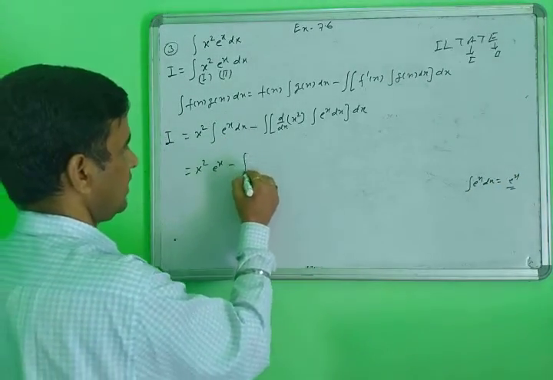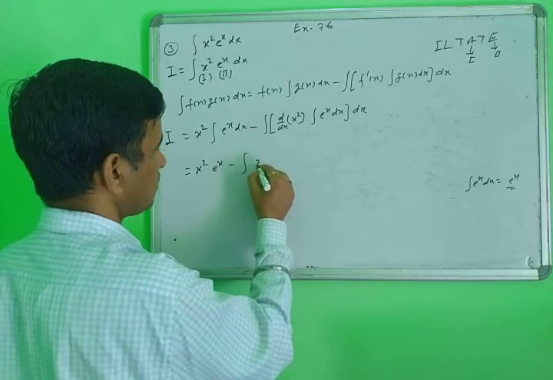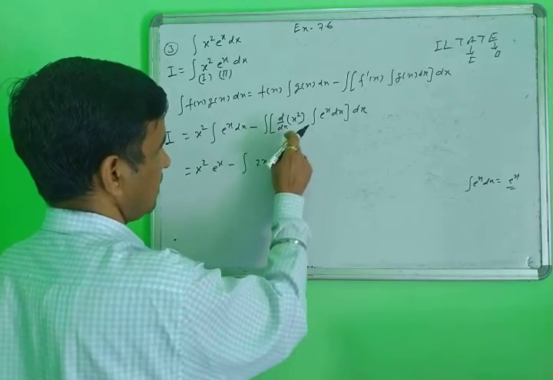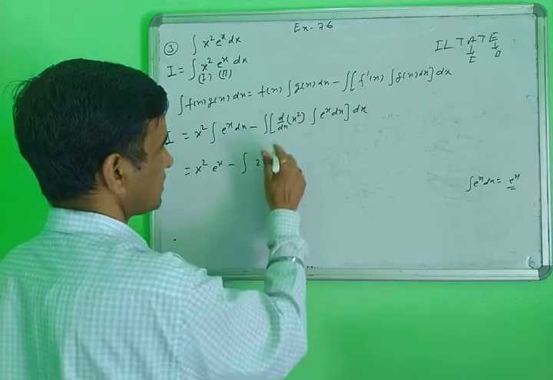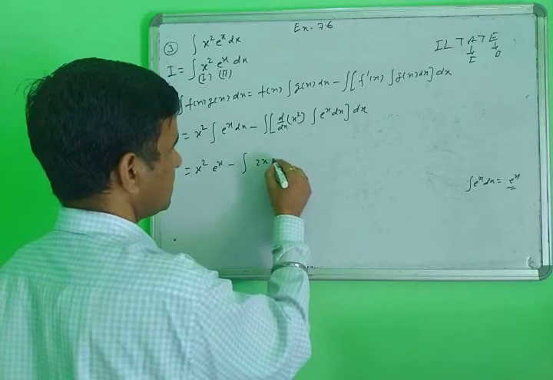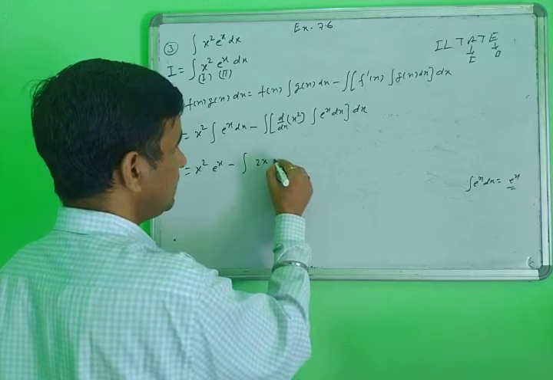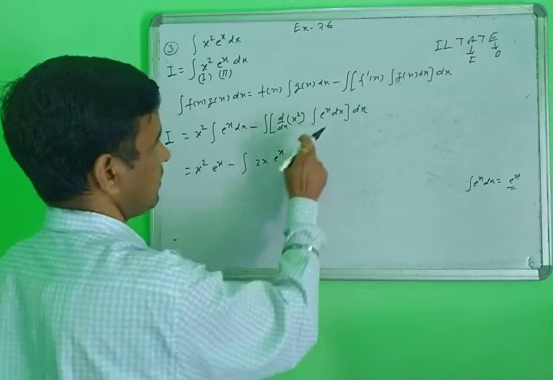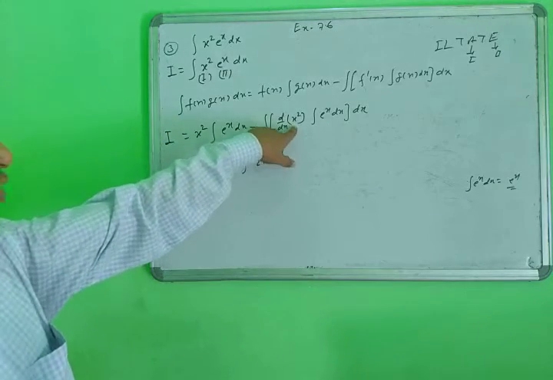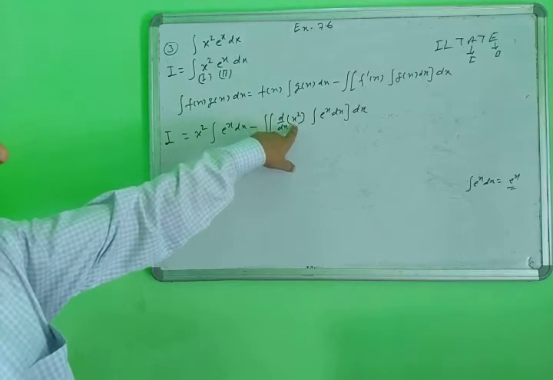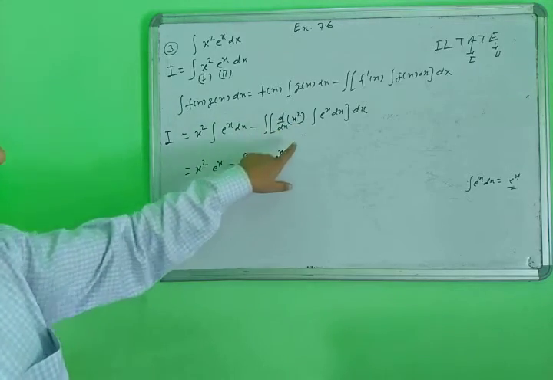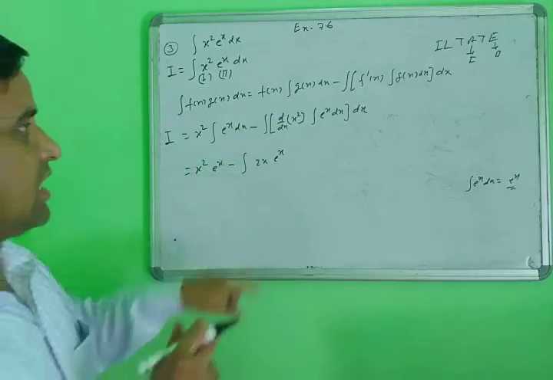Minus the integration of the differentiation of x square, which is 2x, times the integration of e exponent x. The differentiation of x square is 2x, times e exponent x dx.